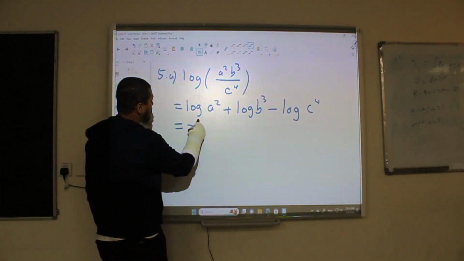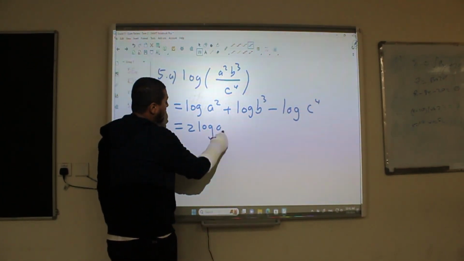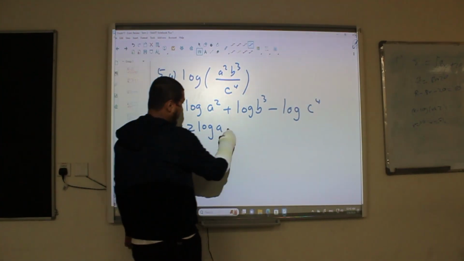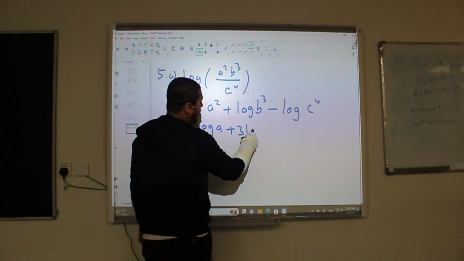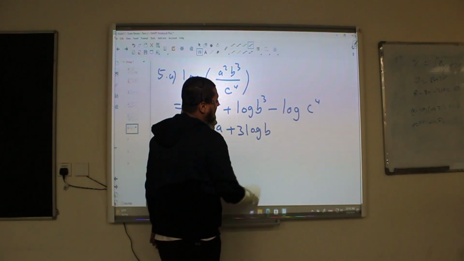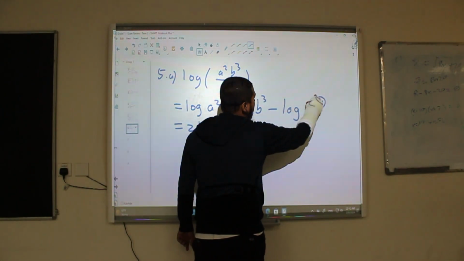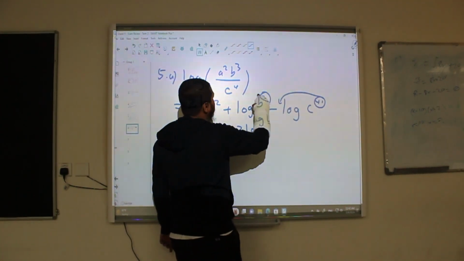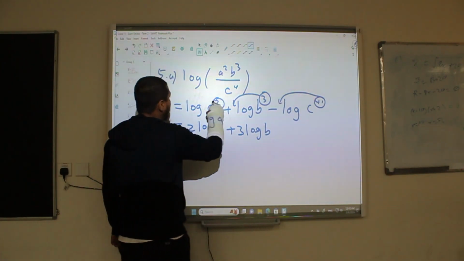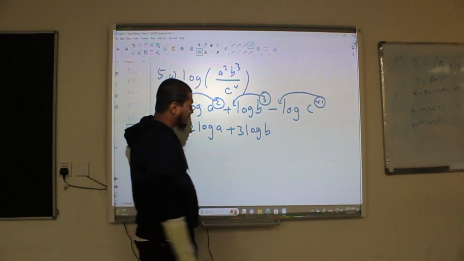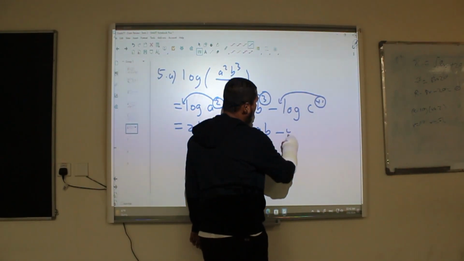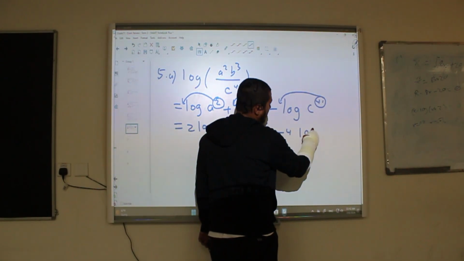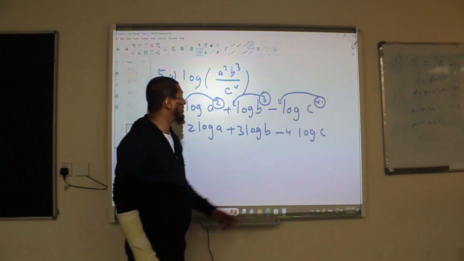So we have 2 log a plus 3 log b, and then we have the 4 coming to the front, right? Each of these goes to the front because that's the power rule for log. Minus 4 log c, and that's the answer.